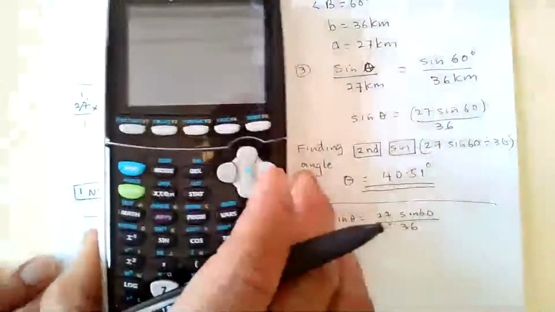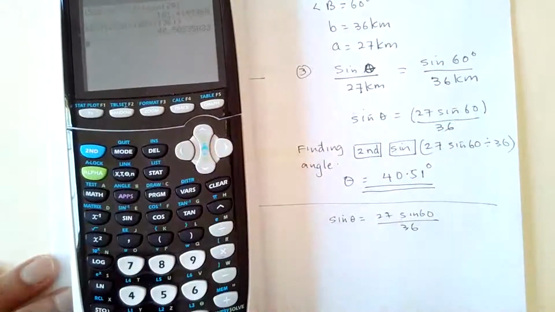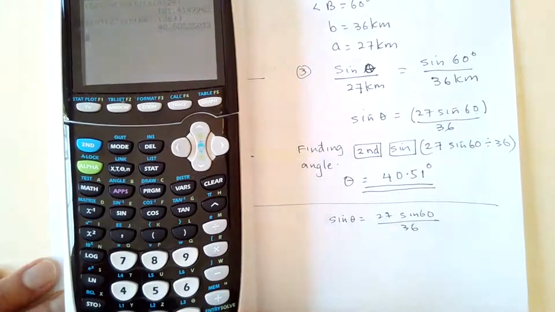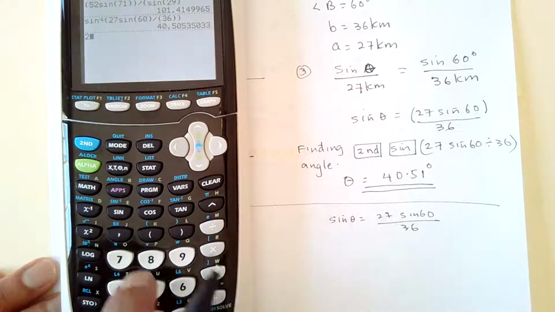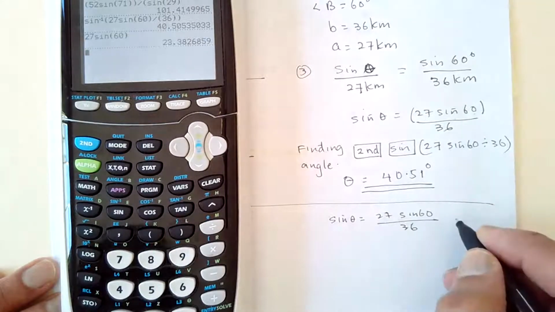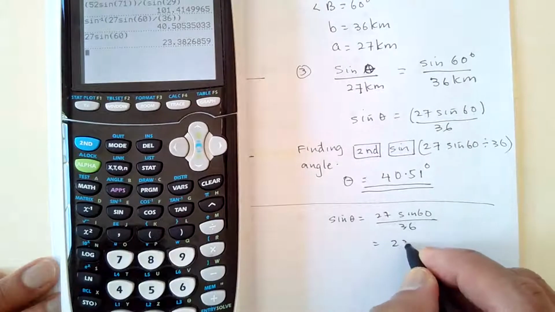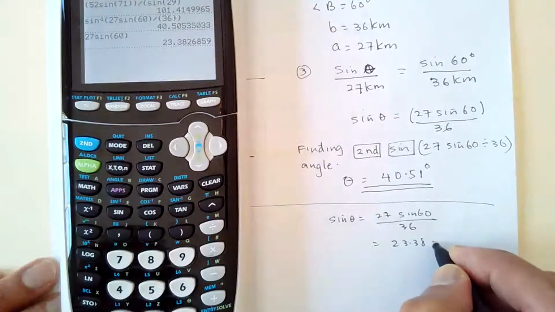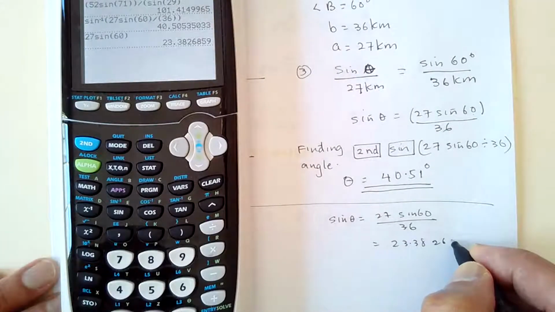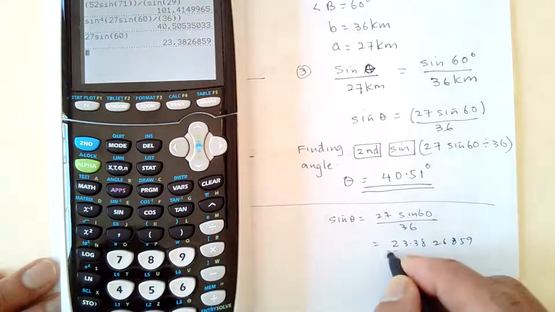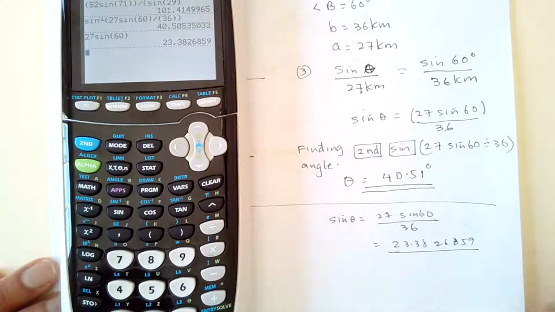So if I were to do 27 sine 60, which is 23.3826859. Notice it's an irrational number.